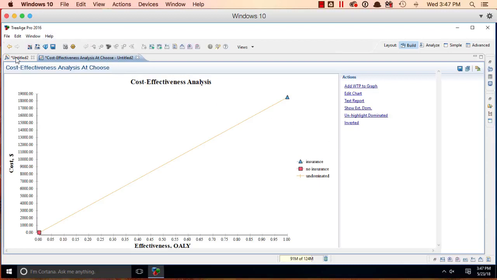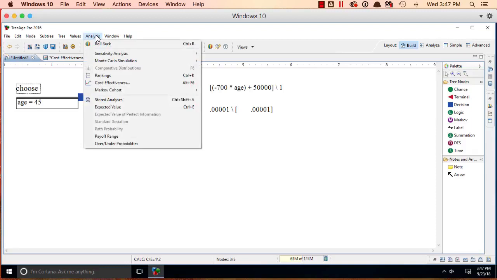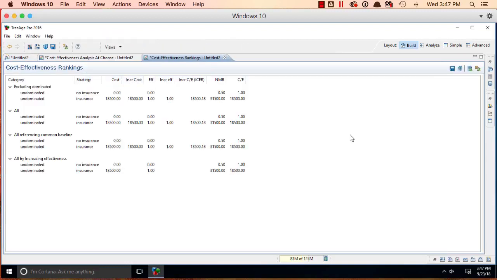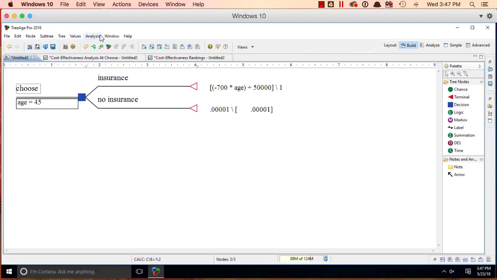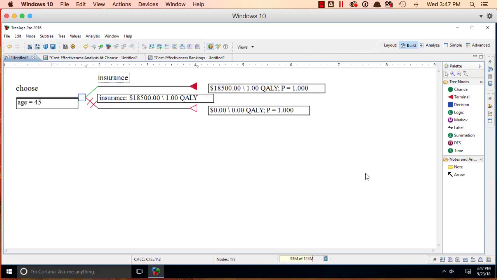So remember how we calculate the slope of the line: in TreeAge we'll ask it to do analysis, rankings. Rankings will show us the incremental cost effectiveness ratio, which remember is the slope of the supply curve. In this case, the ICER is $18,500 per quality adjusted life year. $18,500 is less than willingness to pay of $50,000, so it's going to scale up the supply curve. It's going to switch from no insurance to insurance.